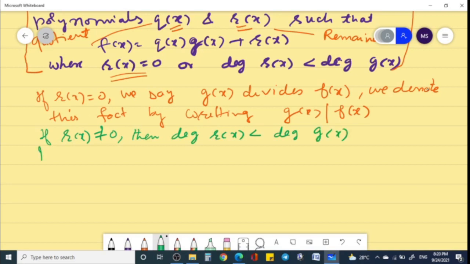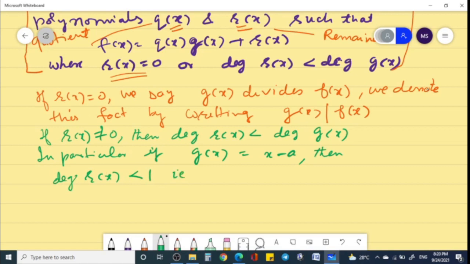In particular, if g(x) is x minus a, then the degree of r(x) is less than 1, that is 0, and therefore r(x) is a constant, say r, because the degree is always a non-negative quantity, so 0 is the only choice.